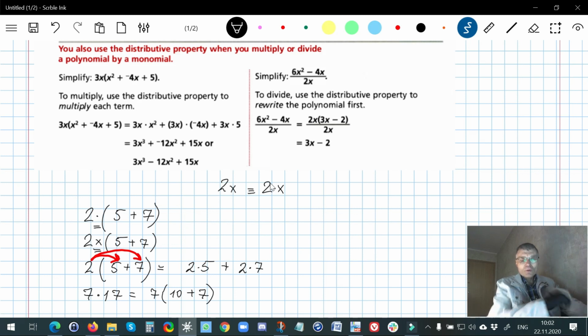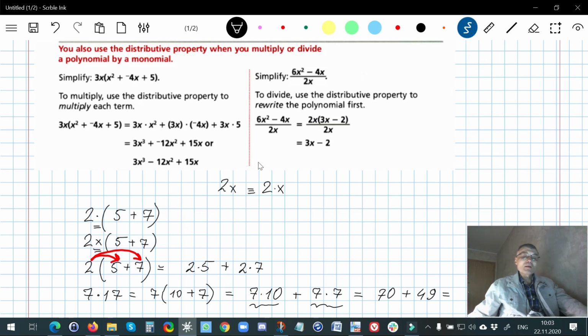So I perform the opposite operation. The addition was already done. But why is it easier for me? If I multiply out, I have 7 multiplied by 10 plus 7 multiplied by 7. This is exactly the multiplication table, a little bit easier. It's 70 plus 49.